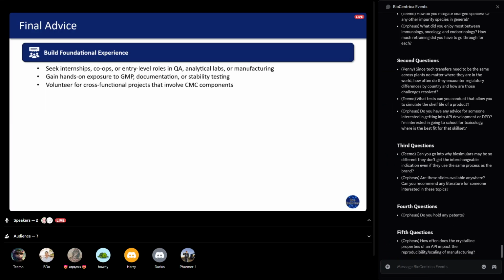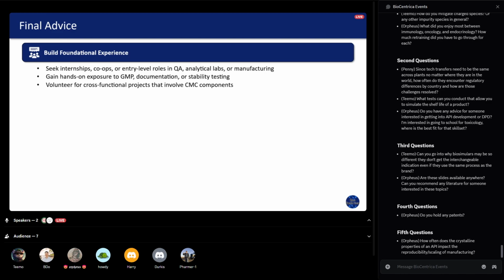Co-ops are actually kind of special. Co-ops are for bachelor's, master's, and PhD students. I've never heard of it in a PharmD program, but essentially it's a six-month internship where you take a semester off of school and you just work.